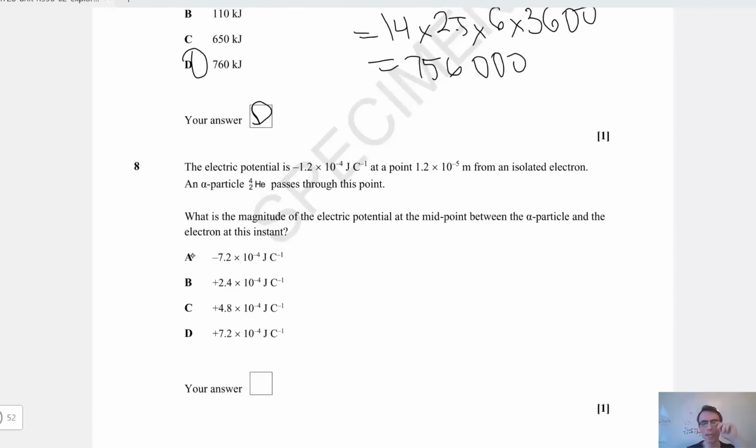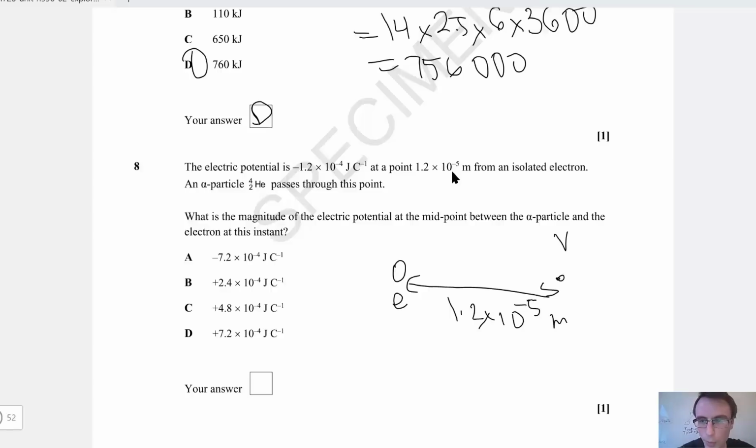Okay, next one. The electric potential is minus 1.2 times 10 to the minus 4 joules per coulomb at a point 1.2 times 10 to the power of minus 5 from an isolated electron. Okay, so let's do a drawing. Here is my electron, and here is this distance, which is 1.2 times 10 to the power of minus 5 meters. The electric potential here is this value, minus 4 joules per coulomb.